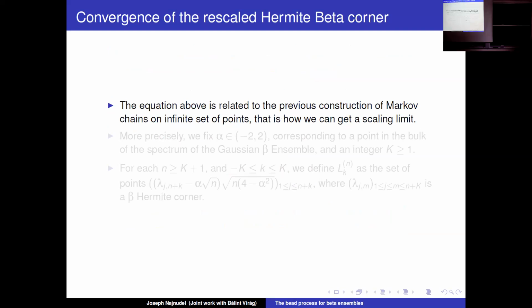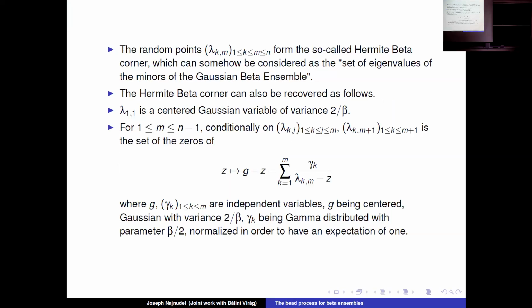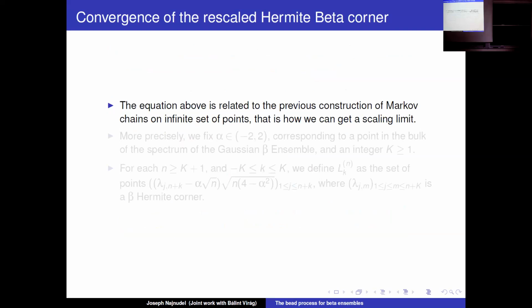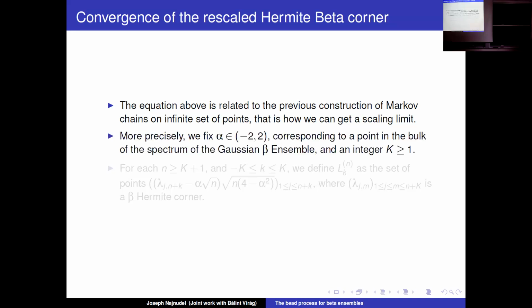So the equation above is related to the previous construction of Markov chains. But of course, here it is finite. So it's different, but it's somehow the same principle. So we can imagine that we can get a scaling limit. So we fix a parameter. It corresponds to a point in the bulk of the spectrum of the Gaussian beta ensemble and some integer.